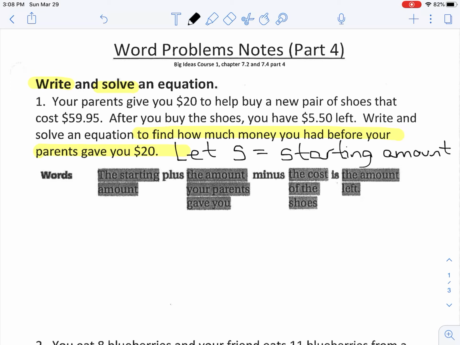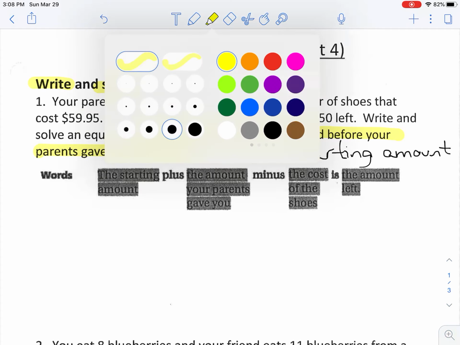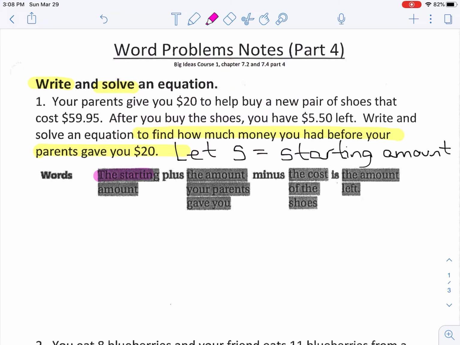All right, so the first one we've really broken down for you to help you figure out where you're going to put your terms in your equation. So the first thing we're looking for is the starting amount. Your parents gave you $20 to help you buy a new pair of shoes that cost $59.95.